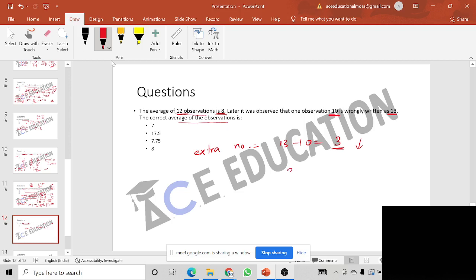So 3 should be taken out equally from a total of 12 numbers because there are 12 observations. So each observation should be reduced by 1 by 4. This minus sign means reduced, right? Because we are reducing 3 overall. So if each number is 8 and I reduce 1 by 4, it comes out to be 7.75.